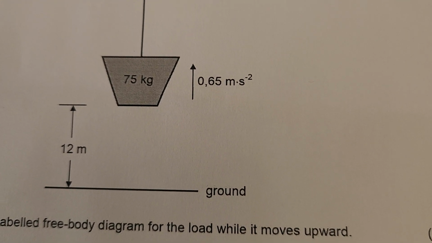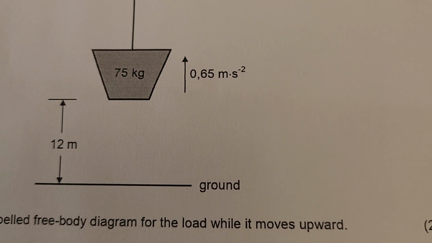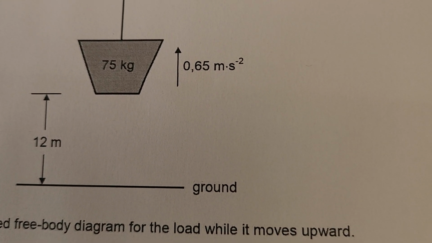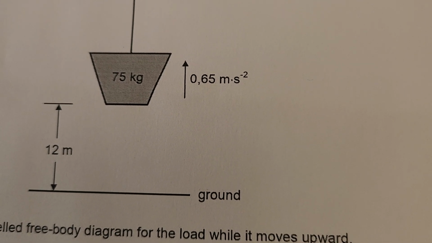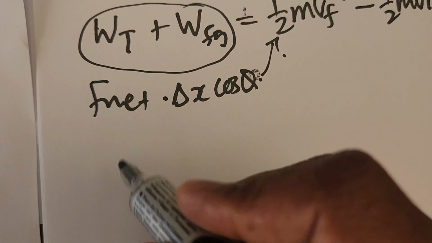Or if you don't do it this way, you have to first calculate the tension using the very same F net equals to MA, because you know the weight. That's another option. But the easiest would be, now we know acceleration, this is MA.